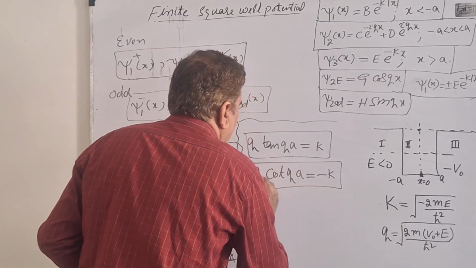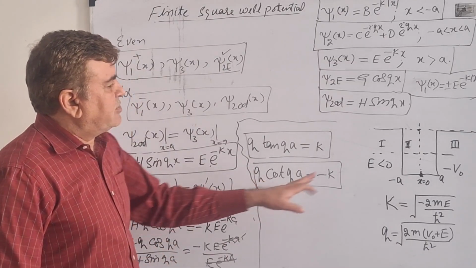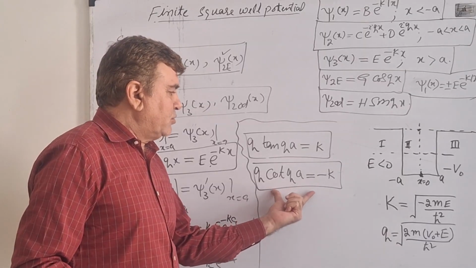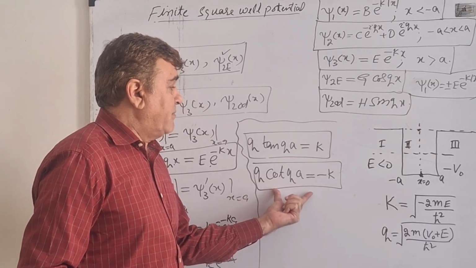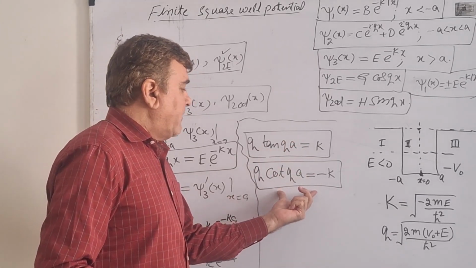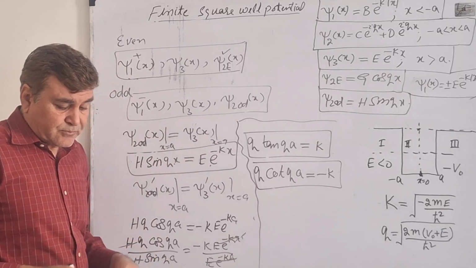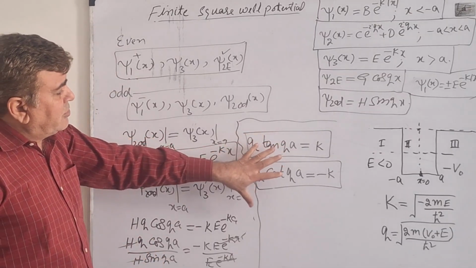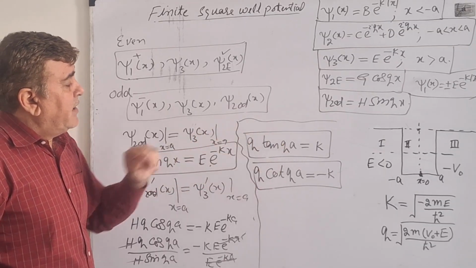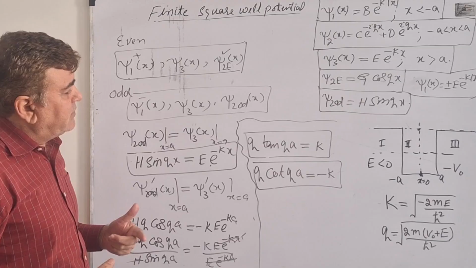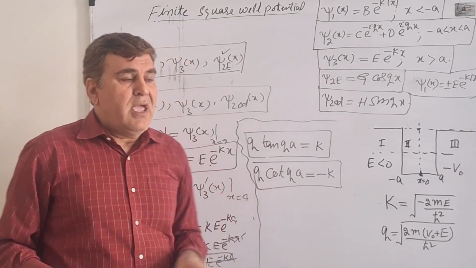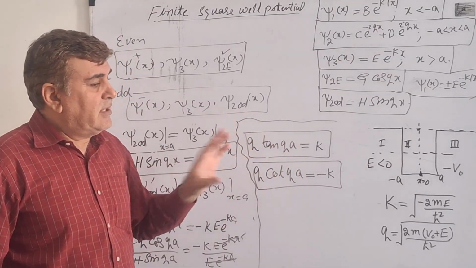This equation links the energy spectrums in the two regions for odd functions. So this also carries the same information as this one, but this is for even functions and this is for odd functions. Now, both of these equations are transcendental equations, and we cannot analyze them further analytically. So for such equations, the strategy is to analyze them graphically or numerically, and we can analyze them graphically very easily.